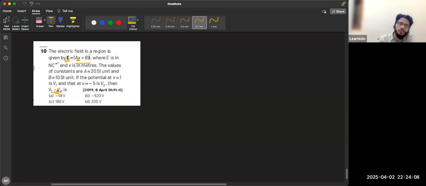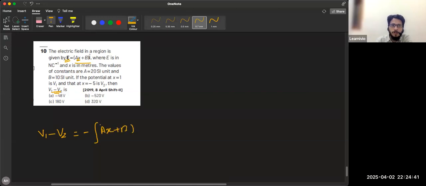Check your notes and tell me which formula you'll be using. You need V1 minus V2 and you have a non-uniform field. Minus integral A to B, E dot dr. Your electric field is ax plus b i cap.